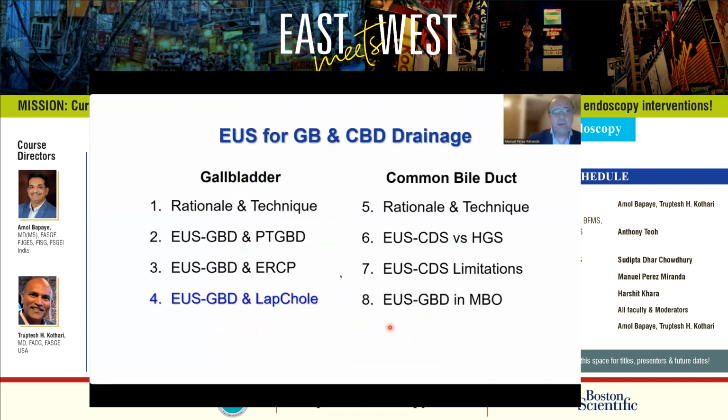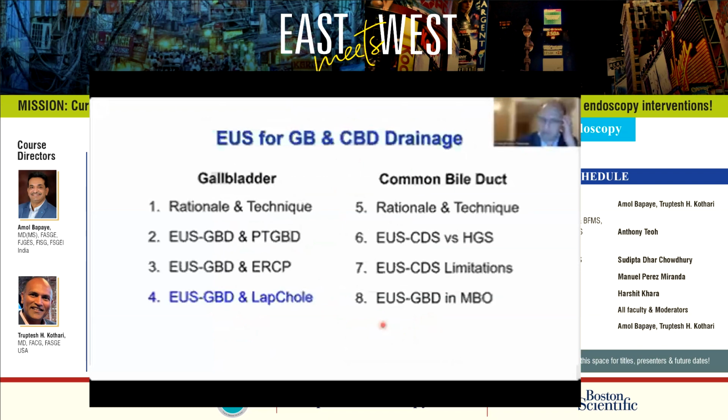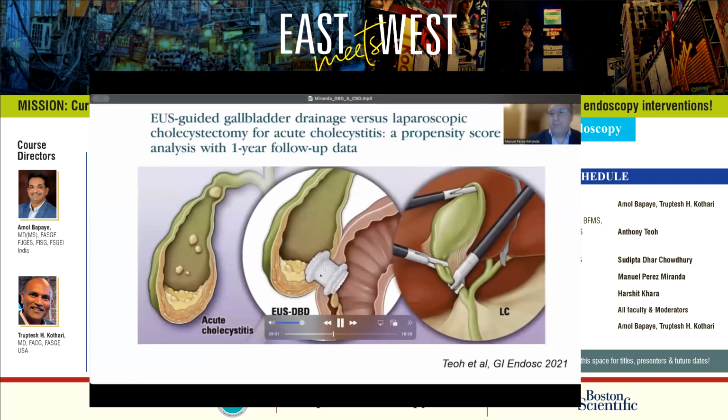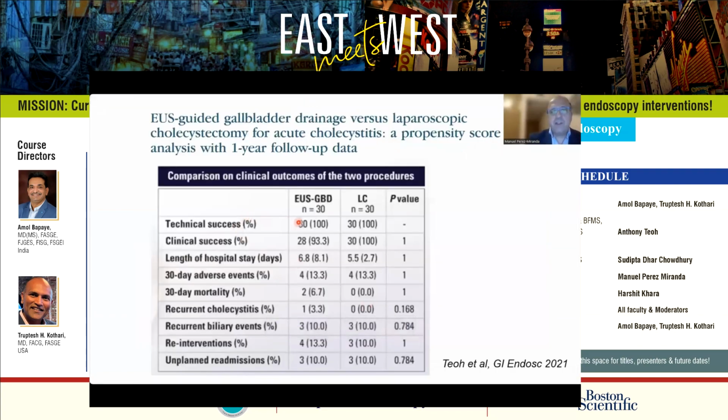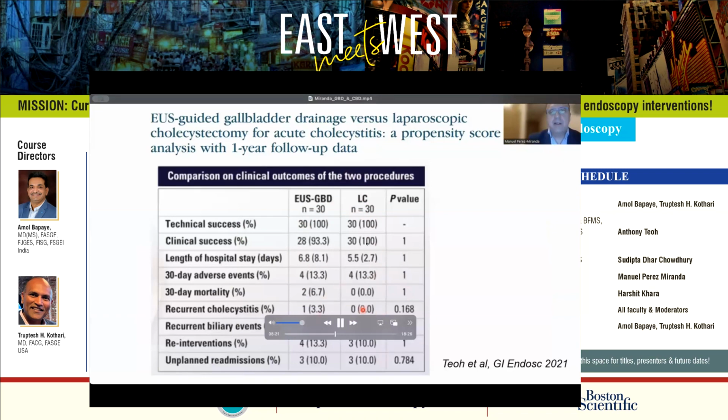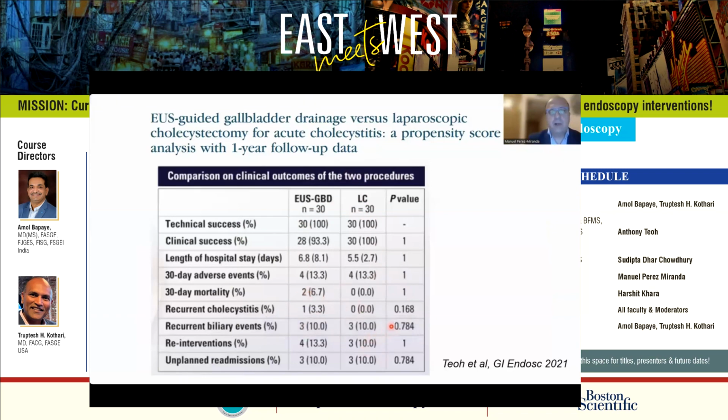The ultimate comparator is laparoscopic cholecystectomy, the gold standard. In this retrospective study with propensity score analysis, patients who underwent gallbladder drainage and laparoscopic cholecystectomy had exactly the same outcomes regarding technical success, clinical success, and recurrent biliary events.